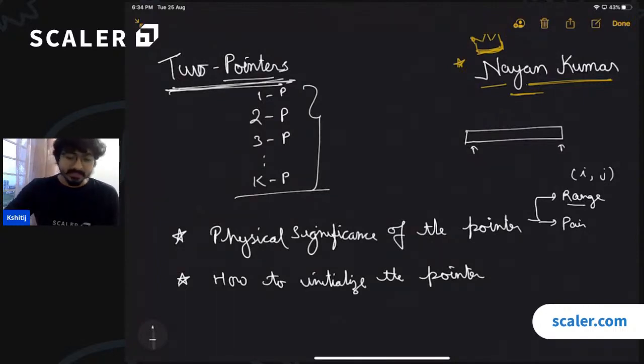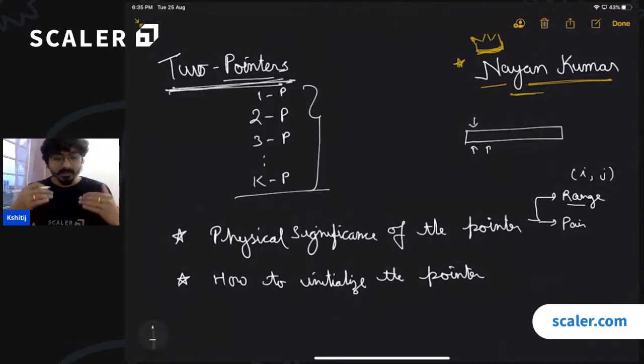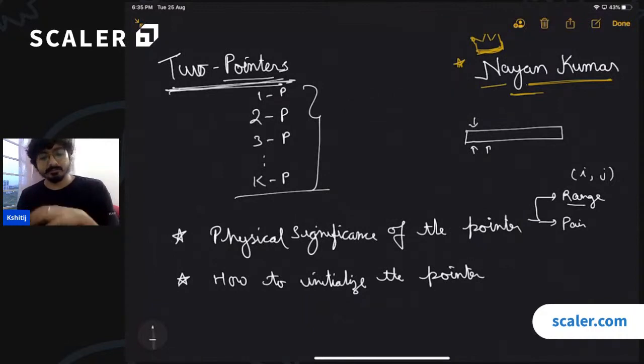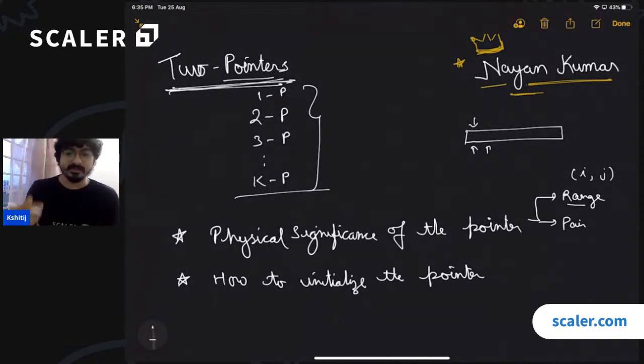In other cases, maybe you would want to keep a pointer at the start and the other pointer at the first element, or the next element after the first of the array. In some other cases, you might want to start with both the pointers at the same element. So what is the initialization process of the pointers, from where to start? That is very important in all the problems.